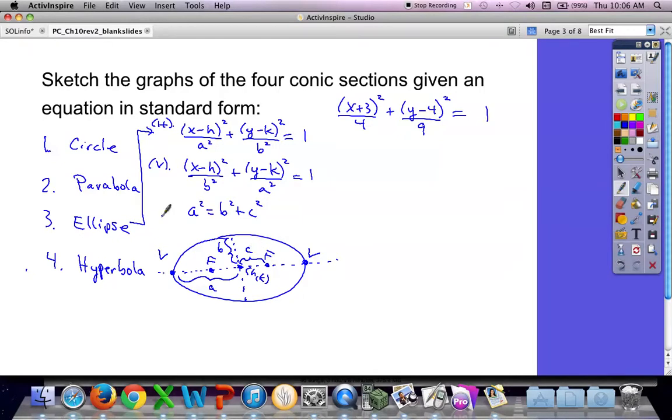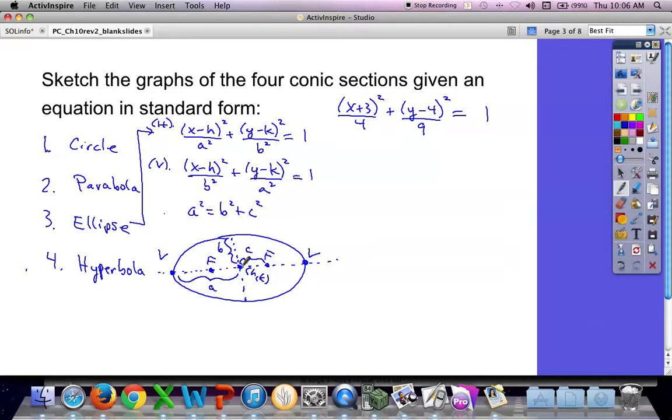So looking at that picture, A is the biggest of the three, right? A is half of the major axis, so it has to be more than half of the minor axis, so A is bigger than B. And since the foci are inside the ellipse, then the distance to the foci has got to be less than the distance to the vertex. So A is bigger than B, A is bigger than C.